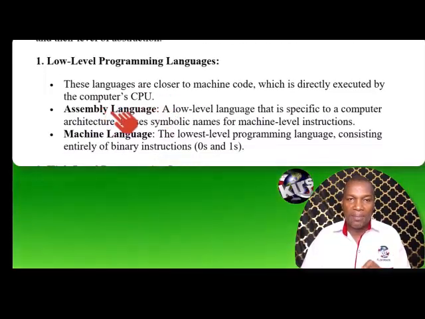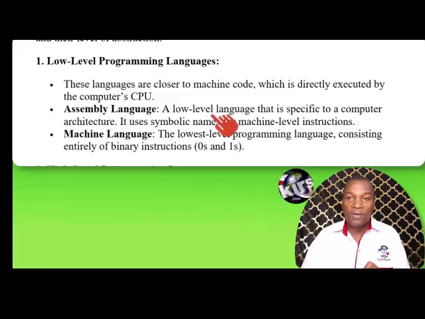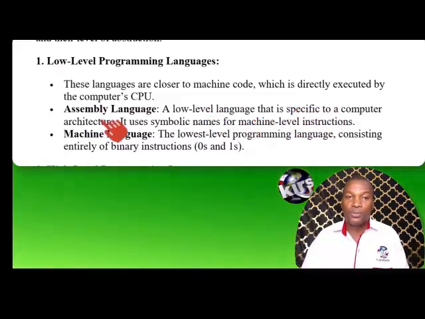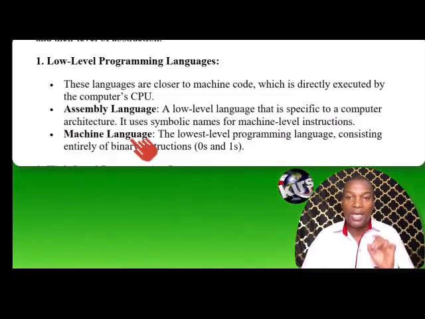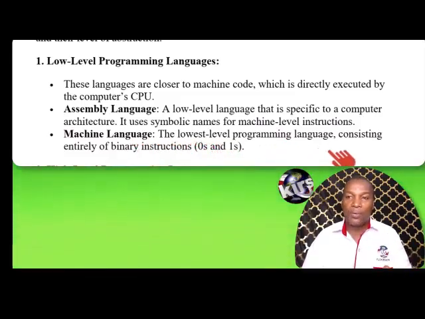Then we have assembly language, a low-level language that is specific to a computer architecture. It uses symbolic names for machine-level instructions. And then we have machine language, the lowest level programming language consisting entirely of binary instructions, that is zeros and ones.